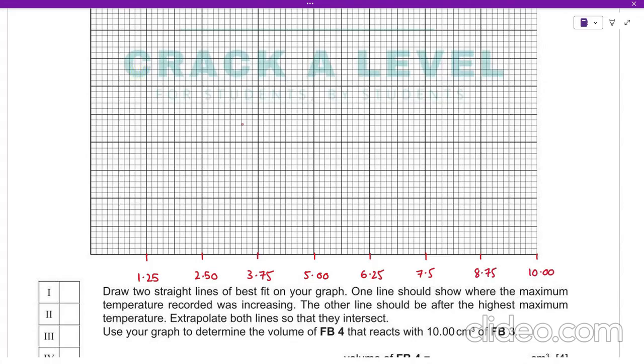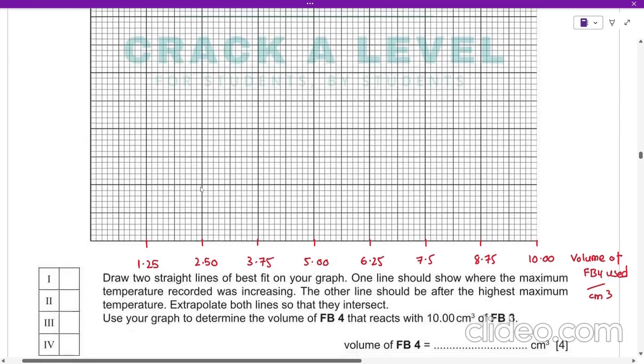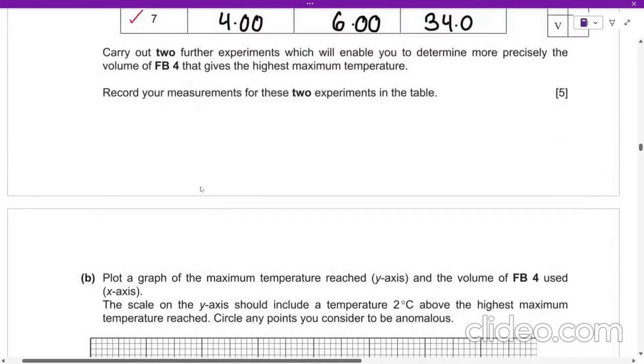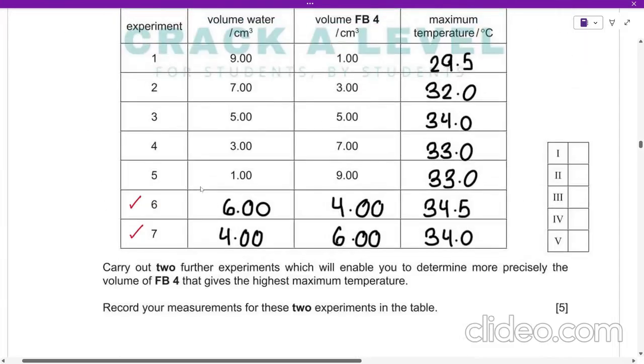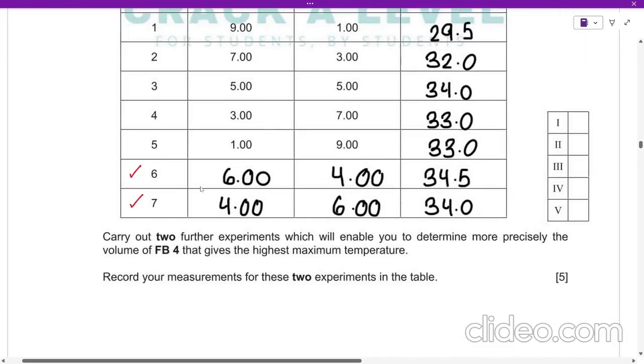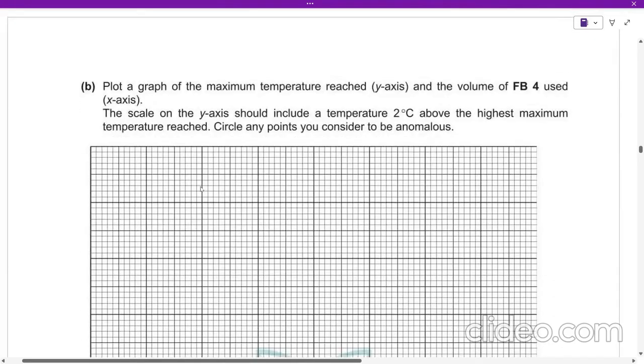This axis is actually the volume of FB4 used, and its unit is cm cube. Now let's also plot the y-axis. We are going to be taking the range to 34.5, or you can say 2 Celsius above it.